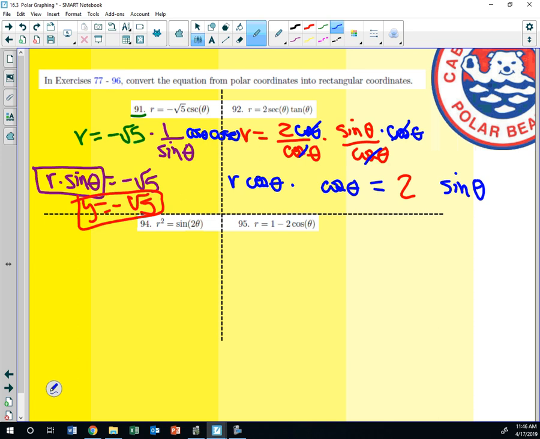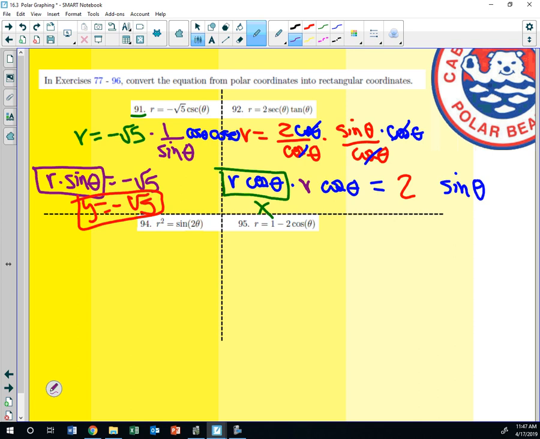So what should my move be next to make life interesting? Abby, do you see what to do next? This is the same as what? y, right? Oh, yes, x. Not y, x. And then what would we like to see here and here to make some nice substitutions? r.